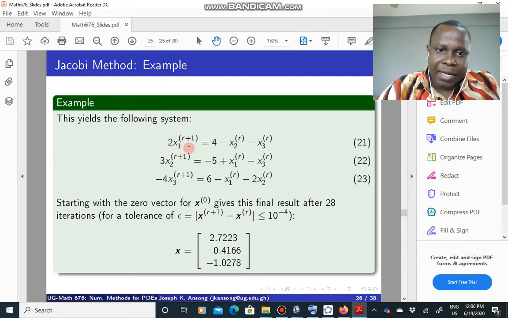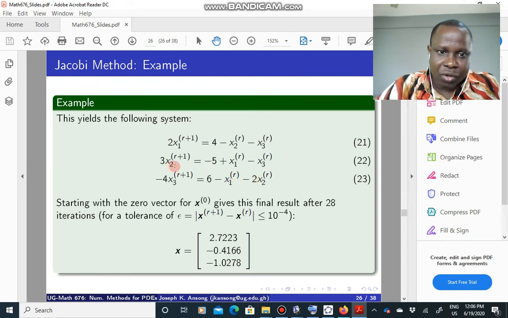You plug x1 at r plus 1 here instead of x1 at r, and solve for x2. Then when you move to x3, instead of using this again, you use what you have already solved, because that is known and it's an improved value, so you put it here.